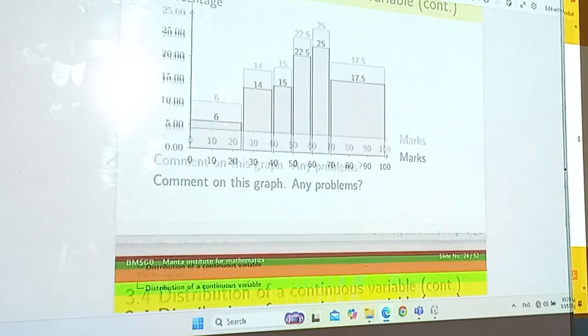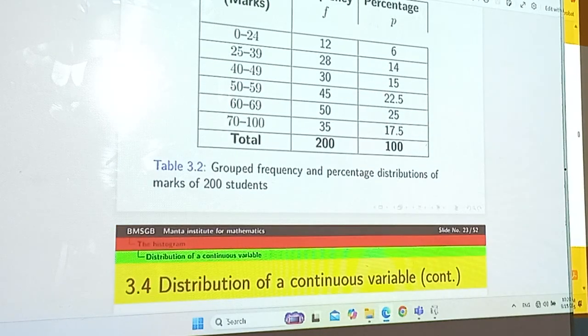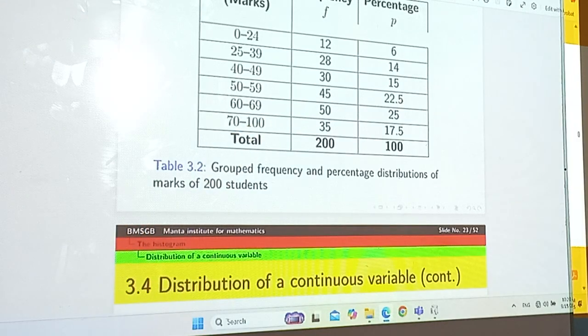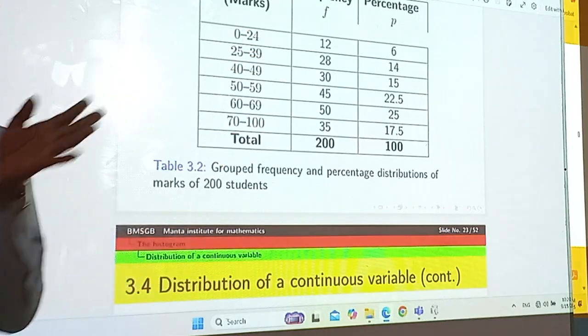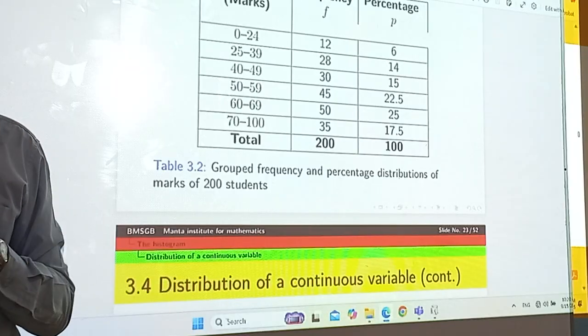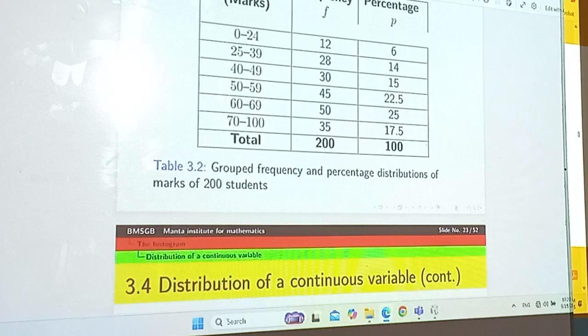Right. So if you want to draw a histogram, how do you do that? Now, what will you do? You have these class intervals in the table. Out of these, now you have to create some class intervals without any gap. You have to remove the gap first of all. What is a meaningful way to remove the gap here?